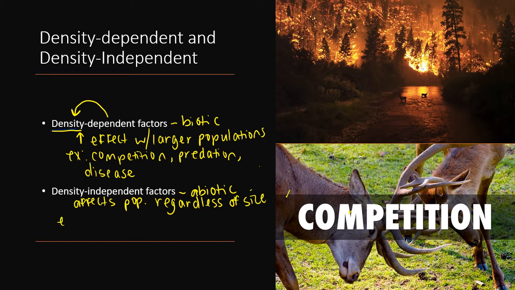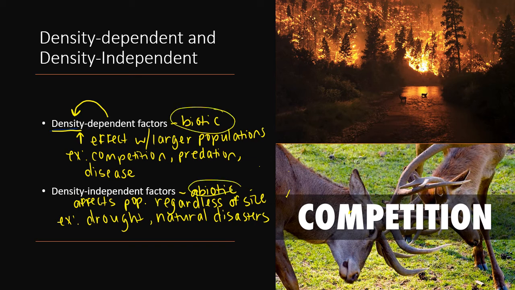So these are things like natural disasters, drought, tornadoes, hurricanes. I spelled that wrong. Those are going to hit an area regardless of how dense the population is. So those are abiotic, these are biotic. All right, important to remember.